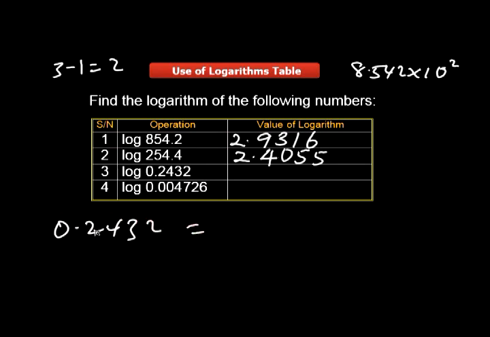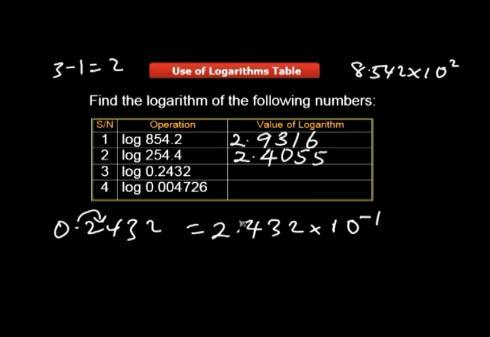You remember, you move your decimal point until you have just 1 digit before the decimal point. So we move it just 1 here. So that will be 2.432 times 10 raised to power minus 1, because once you are moving the decimal point to the right, your power will be negative. If you are moving to the left, it will be positive.